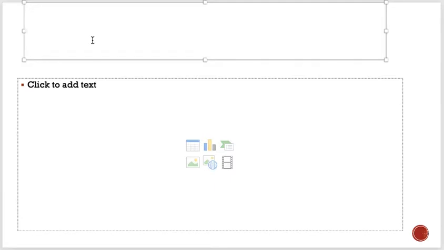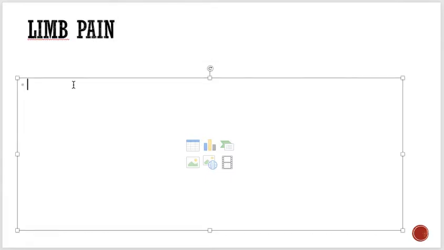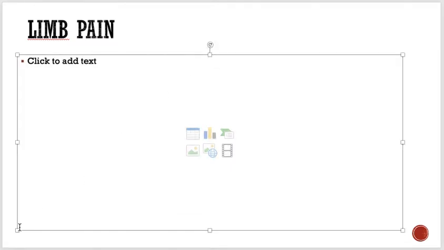So again, to go according to the symptoms. One of the things by which you can say the children may present is limb pain. Now, why is this common?